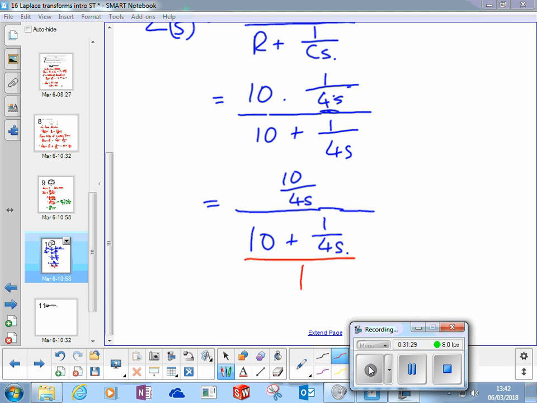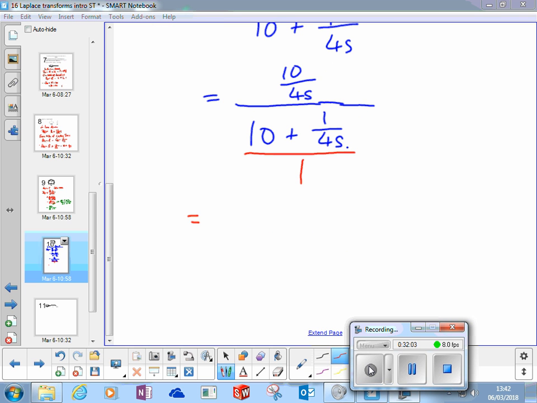So how do we divide fractions? Going back all them years ago when you were doing adding, multiplying, dividing fractions. We've got a fraction on top divided by another fraction underneath. What do we do to divide two fractions? Flip the denominator and multiply.